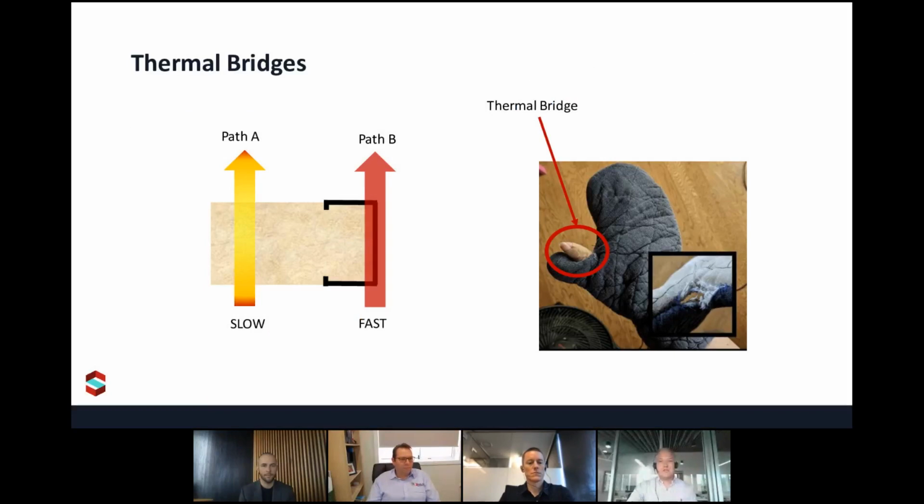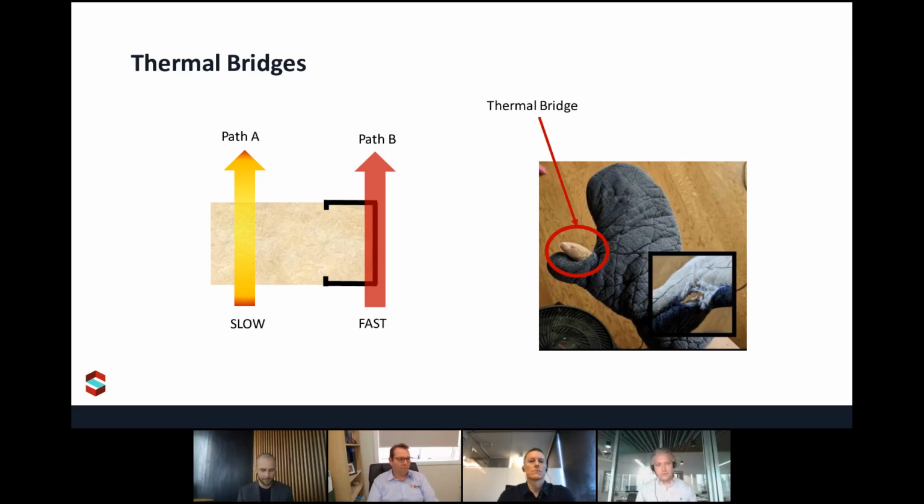Okay, so thermal bridges. A thermal bridge is really like an electrical shortcut, a short circuit through your facade. So your heat is always trying to find the path of least resistance through your facade, and where you've got a material that is bridging from the outside skin to your inside wall that is a higher conductivity rate, that's what we call a thermal bridge.